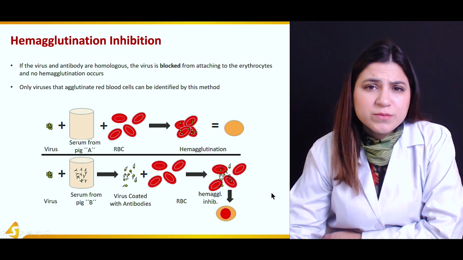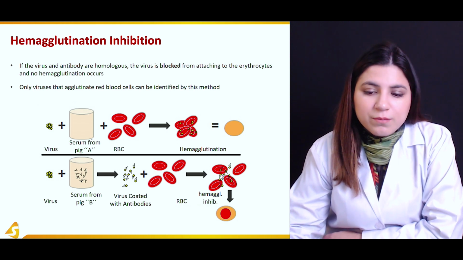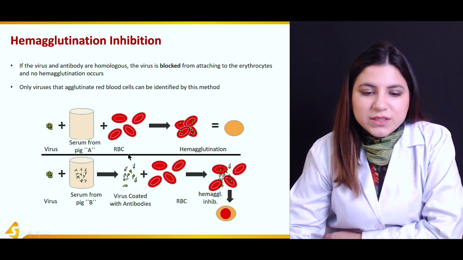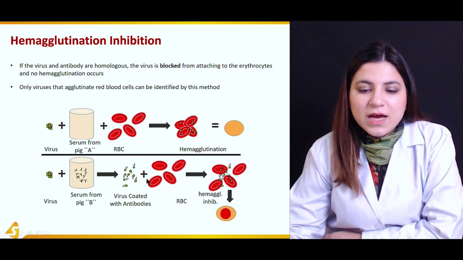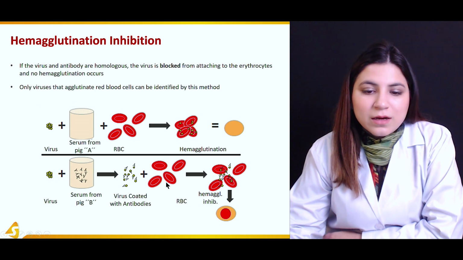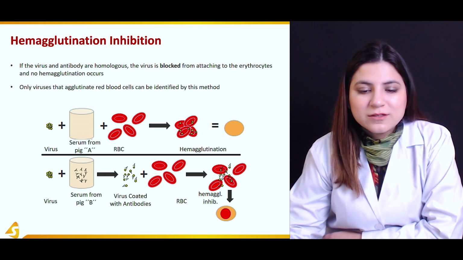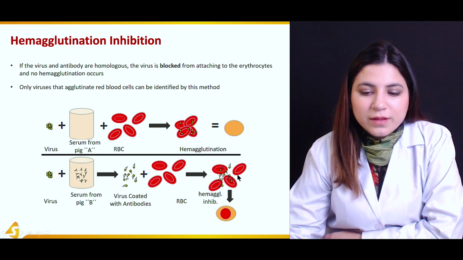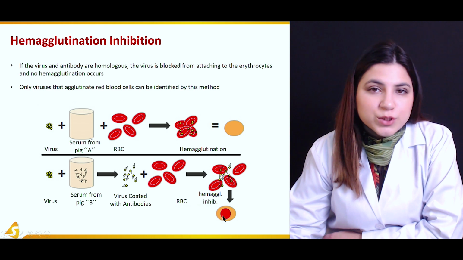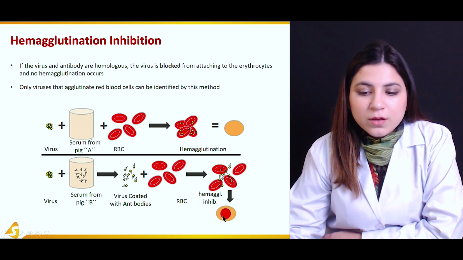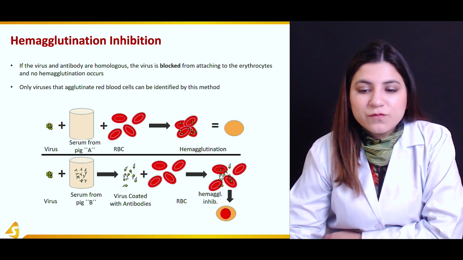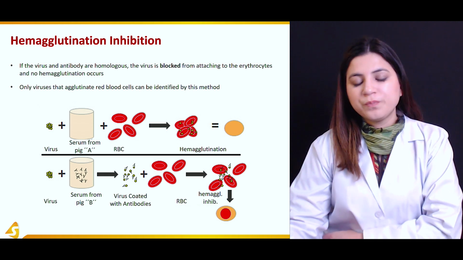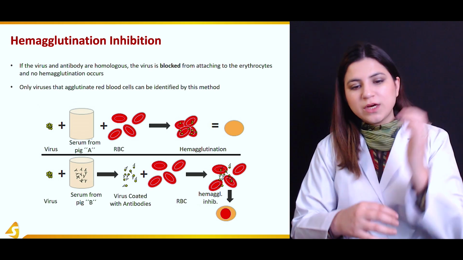This is also called hemagglutination inhibition because these antibodies are basically blocking the virus from attacking these red blood cells, and thus you can see the hemagglutination inhibition occur, and we can visualize it and we can identify the cells that are infected from the cells that are not infected.